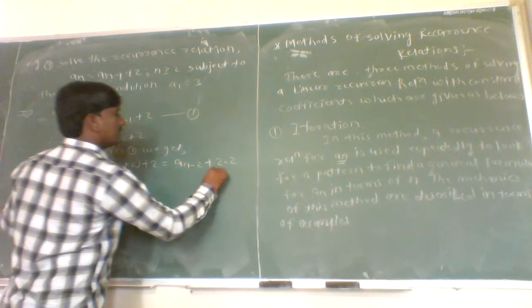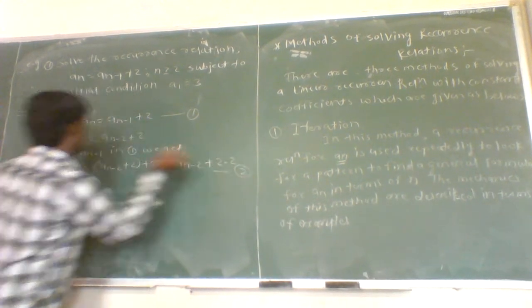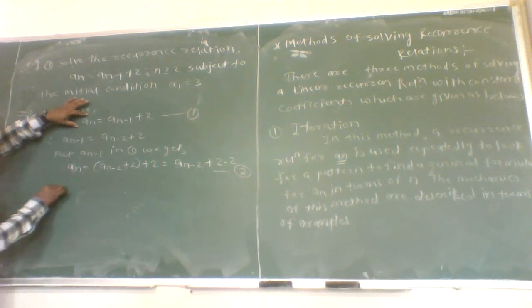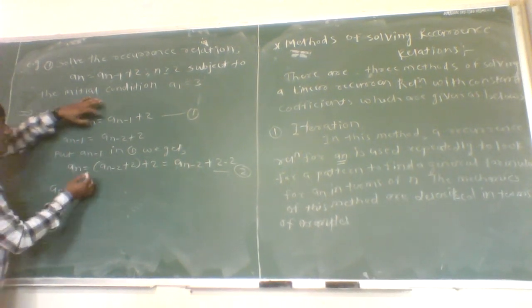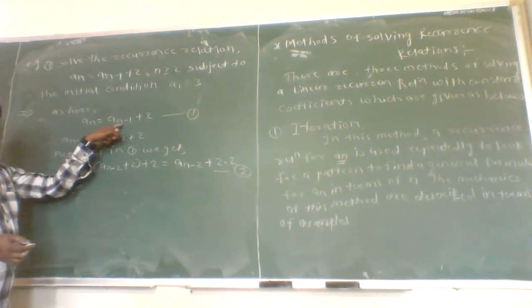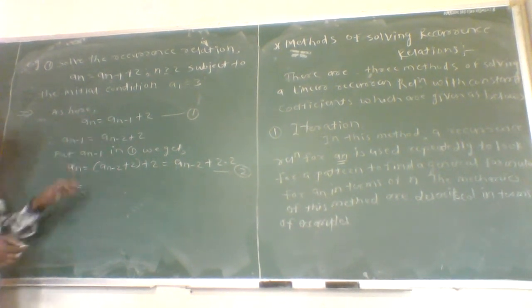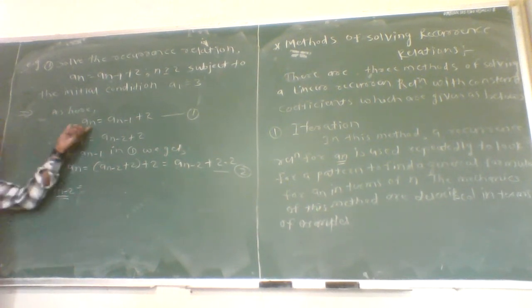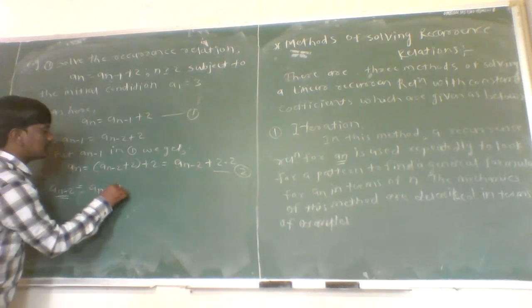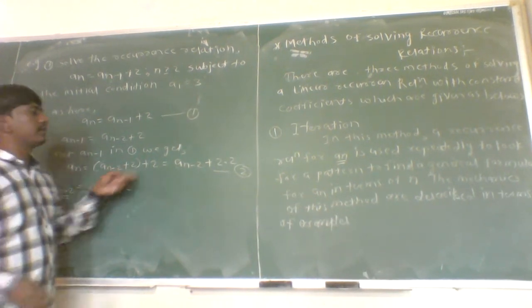Let us take this one as equation 2. Now, a_{n-2} is nothing but the previous term of a_{n-1}. Therefore, the previous term, a_{n-2}, is nothing but a_{n-3} plus 2. Again, we have to put this one in equation 2.